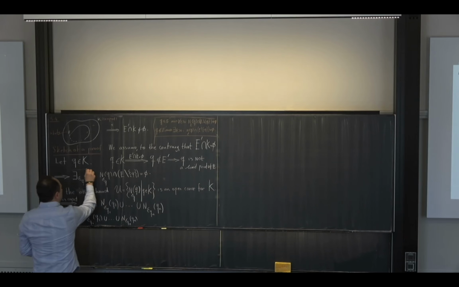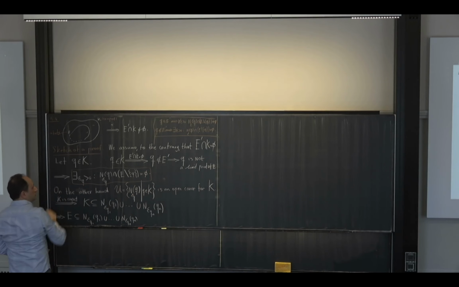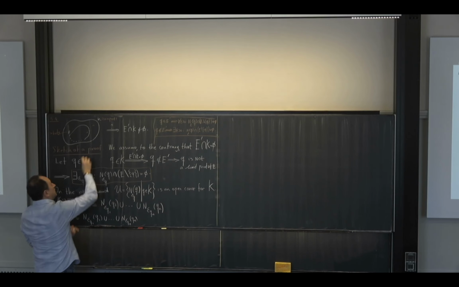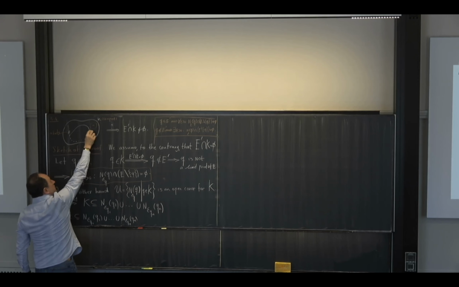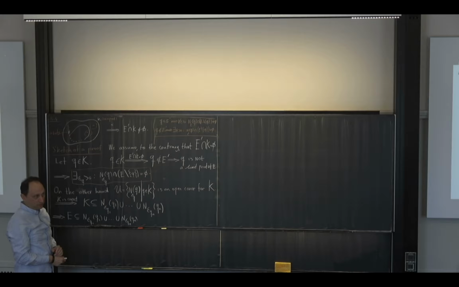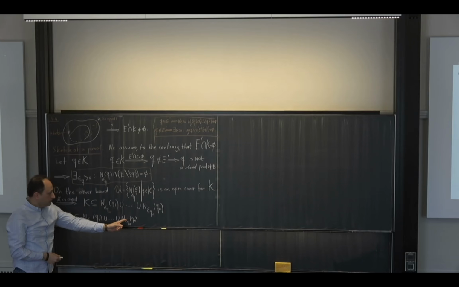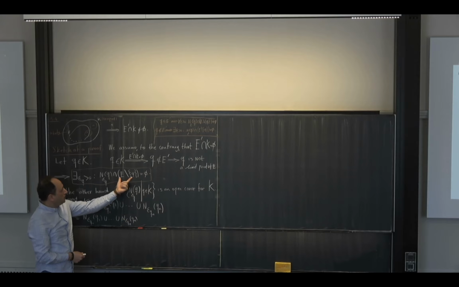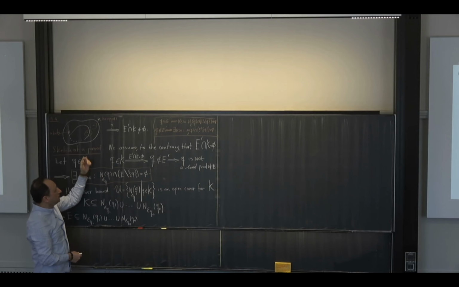Go back and look here. Every one of these that you see doesn't contain any element from E except the center itself. So this means that on the right-hand side, if I ask you how many elements of E these contain at most?